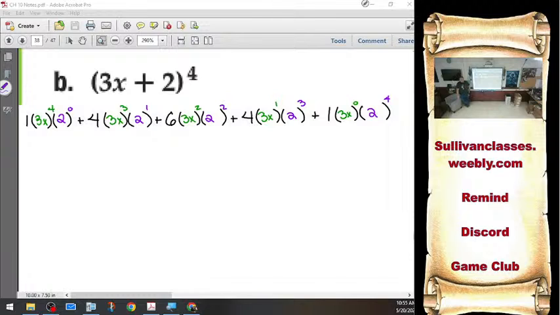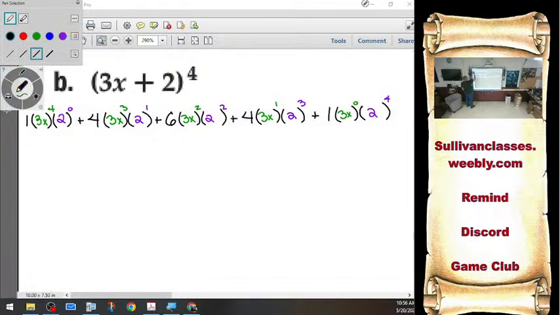And then, order of operations. I will see kids year after year, all the way into pre-calc, say 6 times 3 is 18, 18 squared, and then multiply by 4. Don't do that.